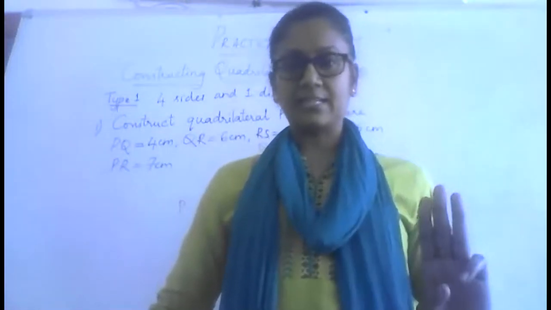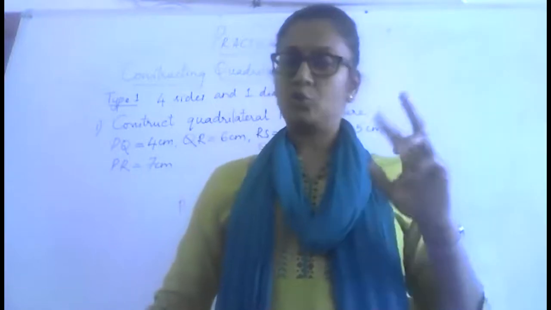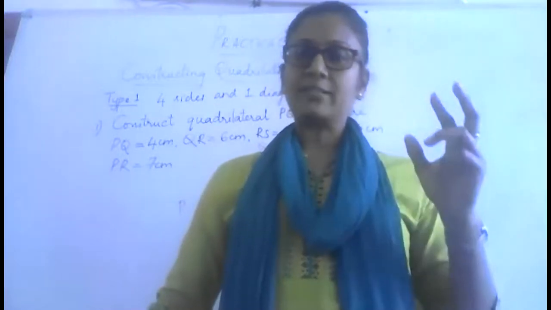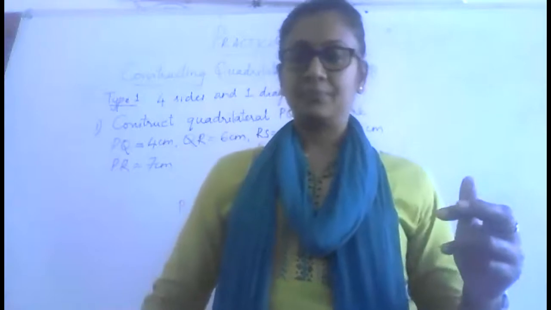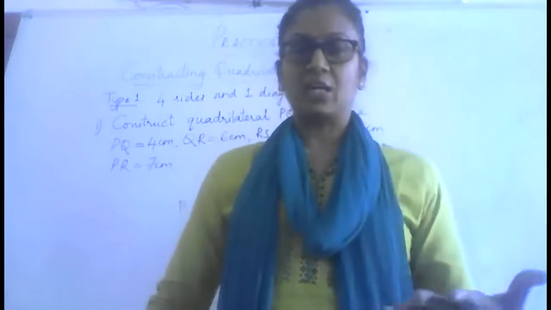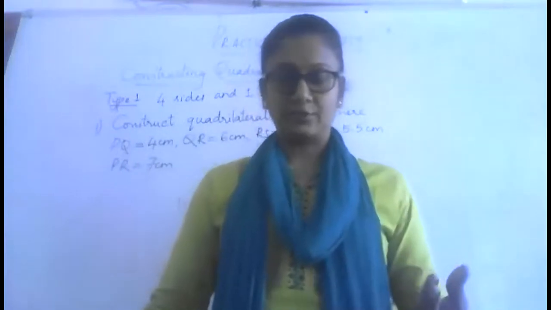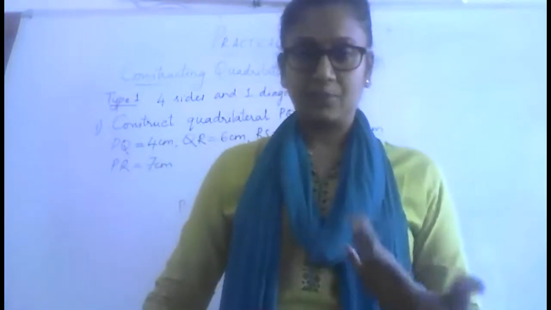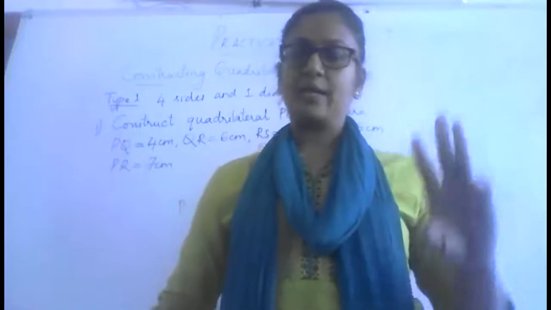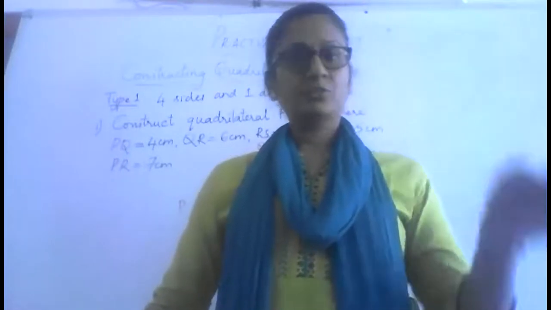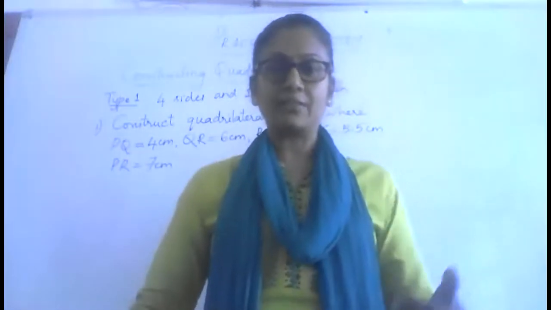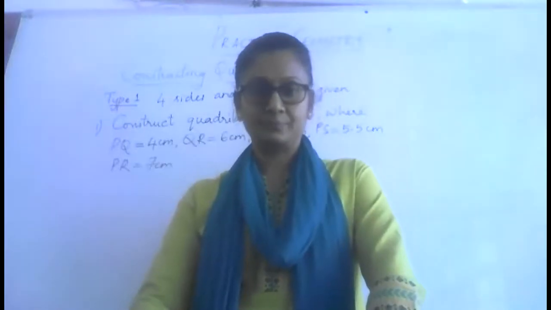It can be all the 3 sides, 2 sides and included angle, 2 angles and included side, or the right angle, hypotenuse, and the side. Now, can you think how many measurements will be required to draw a quadrilateral or construct a quadrilateral? Can you guess? For a triangle, you require 3 measurements.